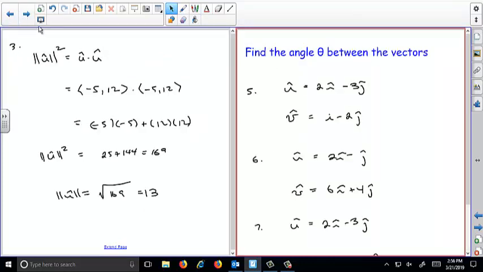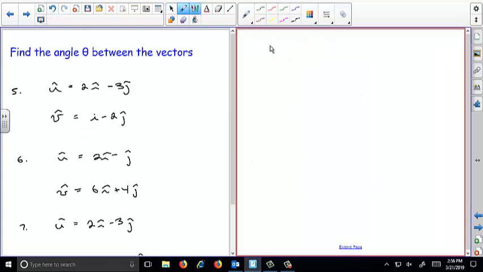Okay, find the angles between the vectors. So we have this formula that says that the cosine of the angle theta is equal to u dot v divided by the magnitude of u times the magnitude of v. And then once we have that, we can take the inverse cosine.